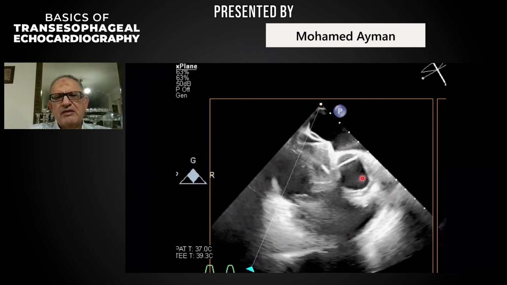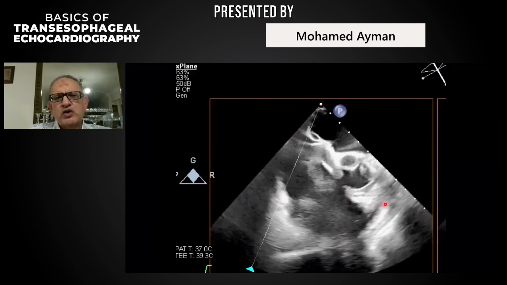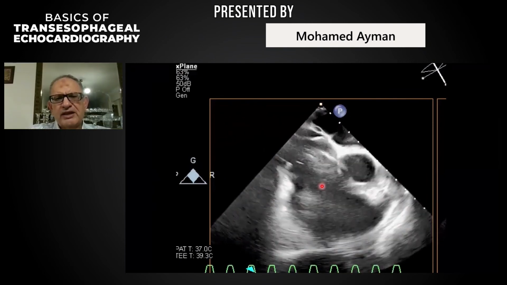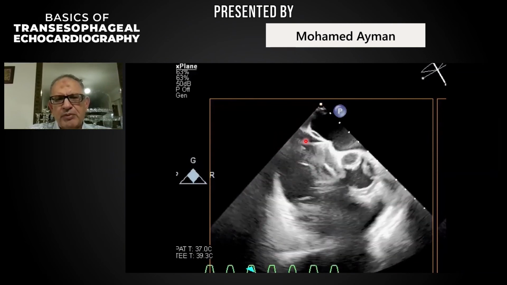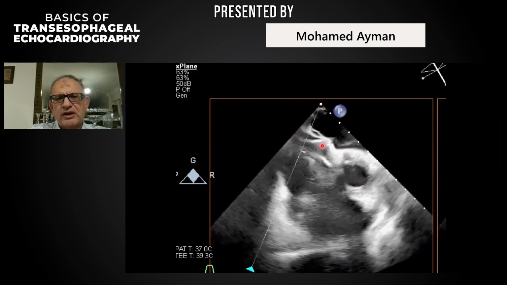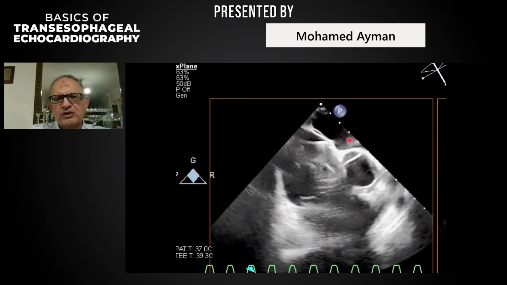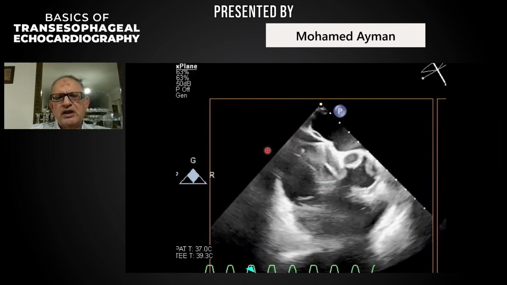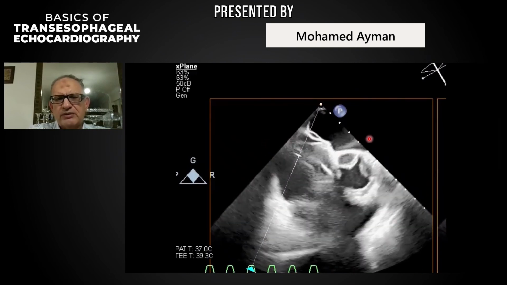Also, the bicaval view helps you during some procedures in the cath lab. For example, this is a transseptal puncture here. This was recorded during a left atrial appendage closure procedure. We need to puncture the interatrial septum.